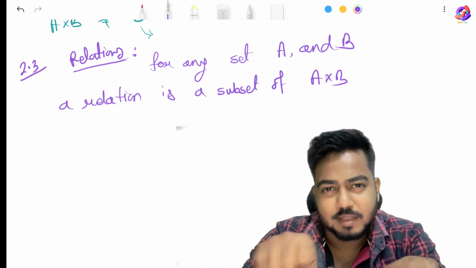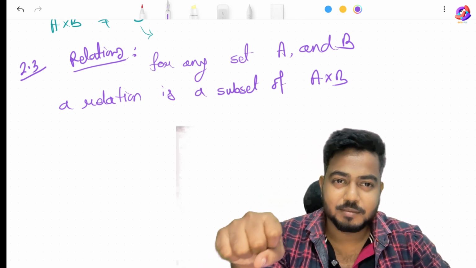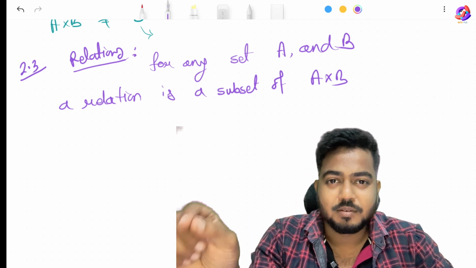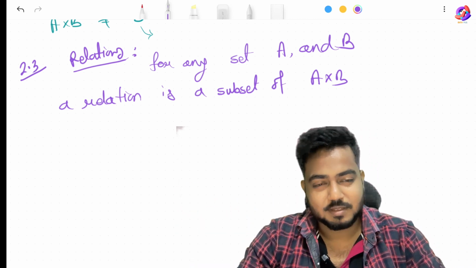You pick any subset of them, and that will become your relation. It's a very simple thing.